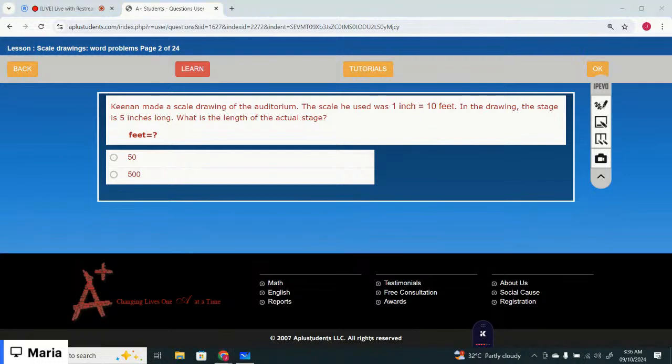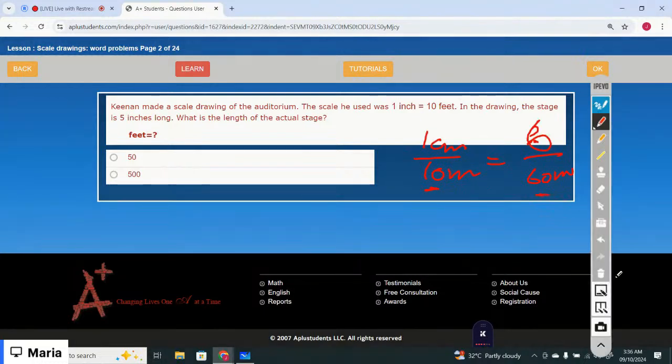So, that is 1 inch to 10 feet, right? The stage is 5 inches long. What is the actual length of the stage? So, which is the correct option?